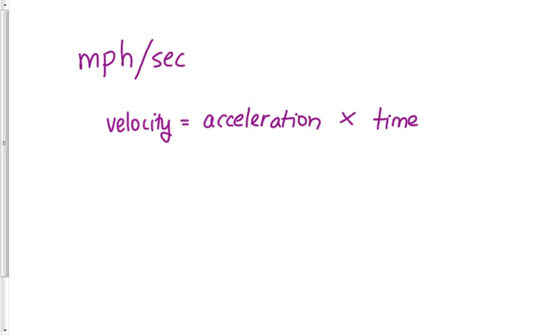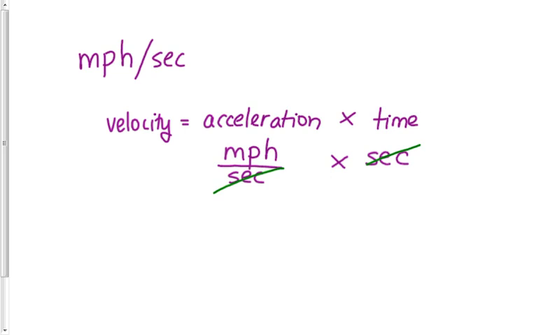Now, this was miles per hour per second. And if you look at the problem, we're dealing with seconds. And so when I integrated, these canceled out, and I was left with miles per hour.